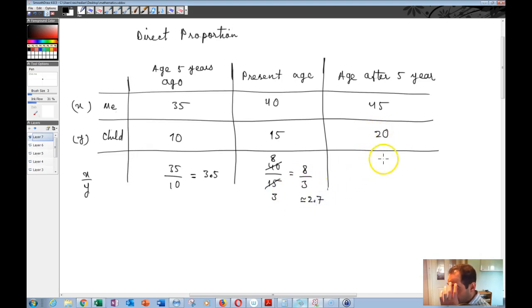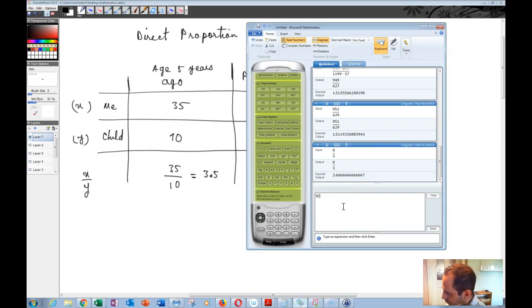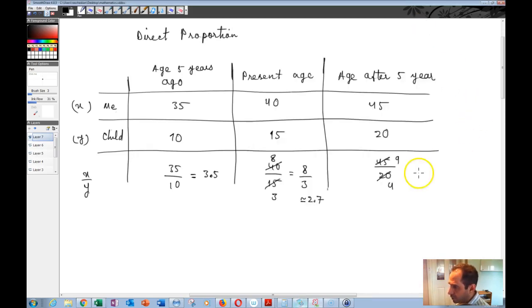And 45 to 20, divided by 5, you get 9 and 4, so 9/4, which is equal to 2.25.